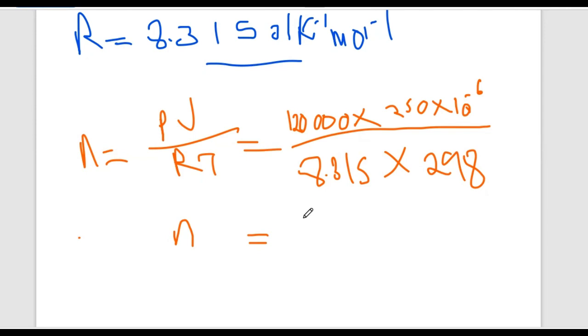My calculator is giving me 0.012 moles. These are the moles that I'm getting.